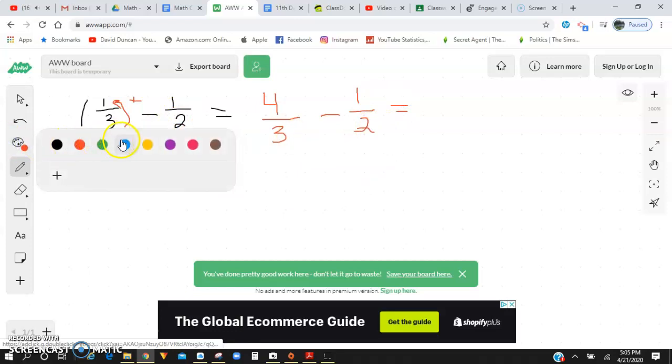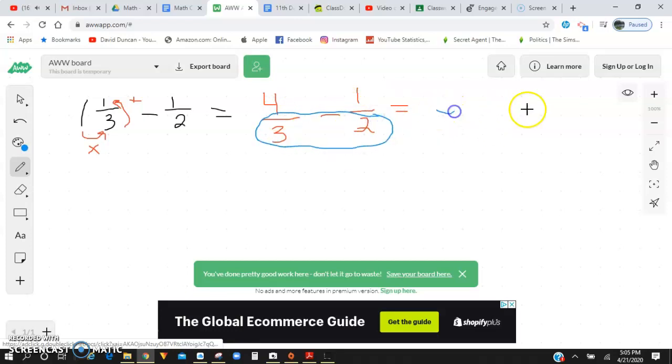Now that I have an improper fraction and a regular fraction and they're unlike denominators, I need to create equivalent fractions by using the butterfly method. Now to start the butterfly method, I always need to start with the butt of the fraction, which is going to be 3 times 2. 3 times 2 is going to get me 6. My numbers are kind of sloppy here, guys.